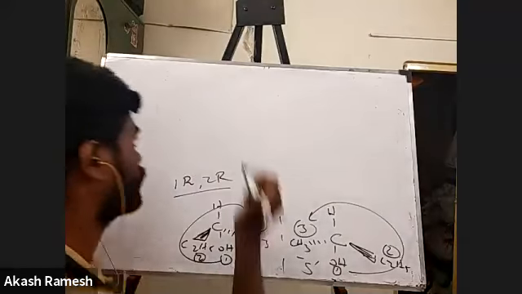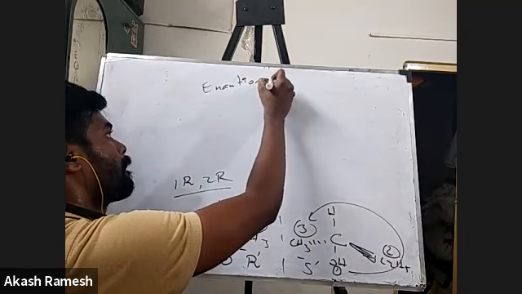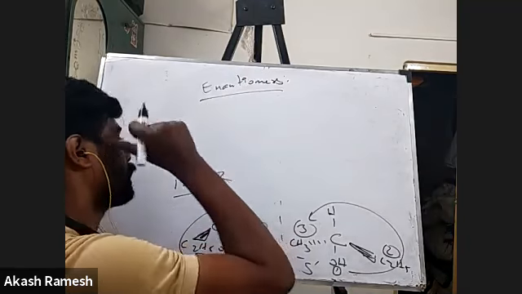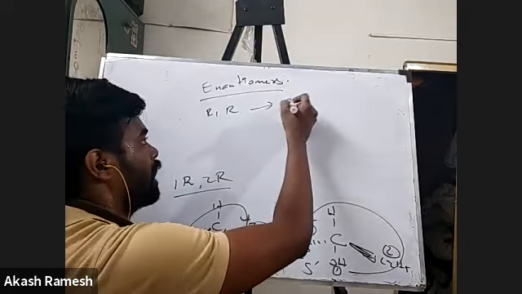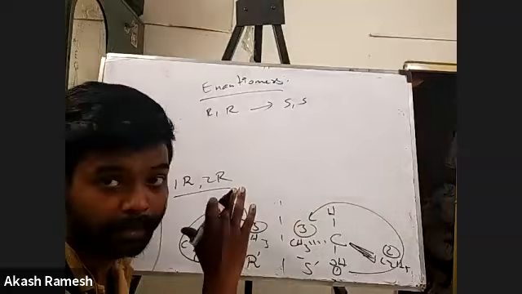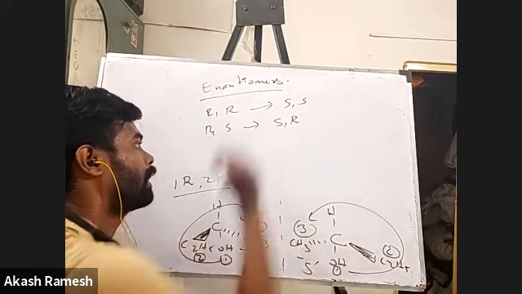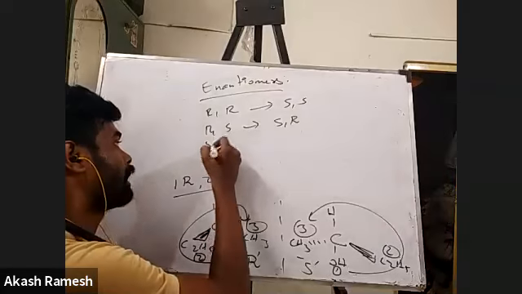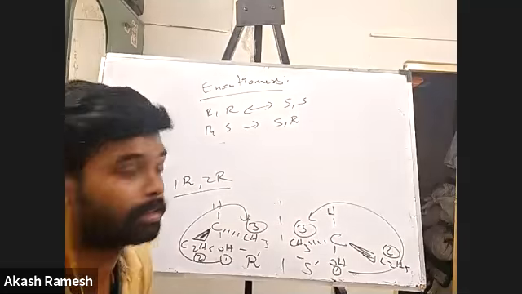Say for enantiomers, if you get R comma R, the enantiomer should have S comma S, completely different. If you have got an R comma S, you should have got S comma R. And if you got an S comma S, okay, this is done. I'll write this like this.